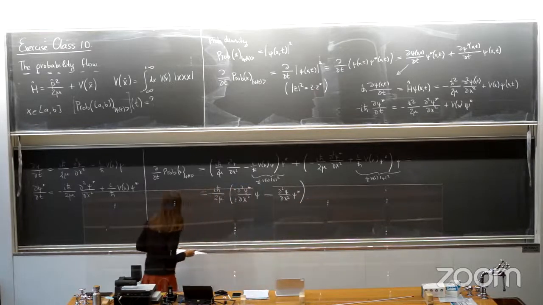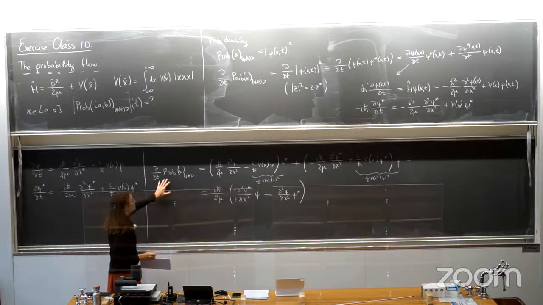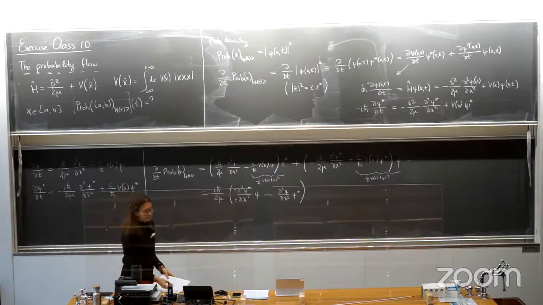So for now we arrived at this equation for the rate of change with respect to time of the probability density to find the particle at the point x.